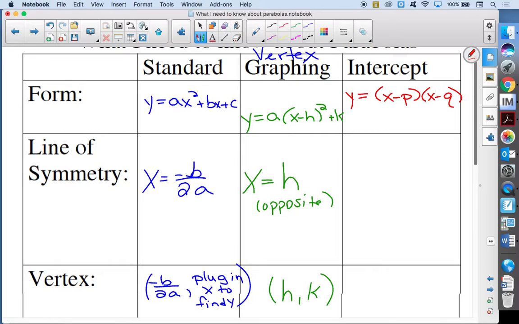Actually, graphing might be my favorite form. So to get the line of symmetry, you take the p and the q, and you cut them in half. And remind yourself, again, it's the opposite of what you see in the parentheses. But the line of symmetry, that x equals, should be in the middle of your 2 x-intercepts.